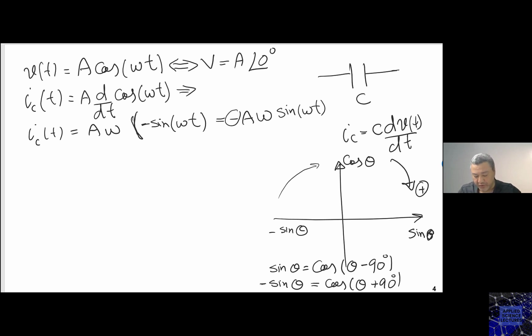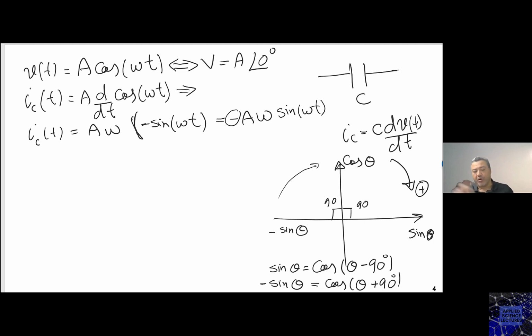If I am to go from minus sine into a positive cosine, then I have to add 90 degrees to my angle. So here, this is the direction of the positive. So let's say this is for going from cosine to sine. I'll be adding 90 degrees because all of them are 90 degrees, right? All of them are 90 degrees.